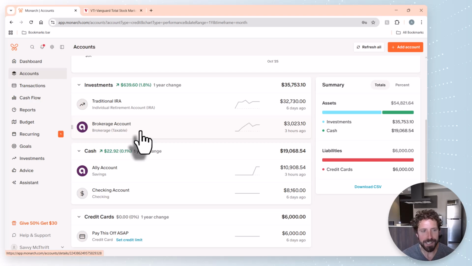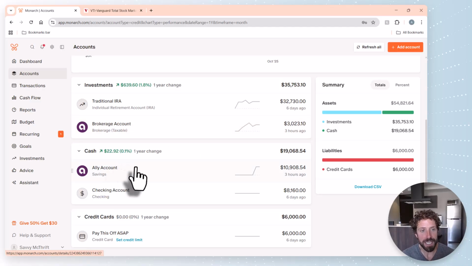So he invested in some stocks right here, just kind of seeing what they do. In the scheme of things, not a huge amount of money. Generally, I recommend that you put money in more of a VTI index type fund. But it's okay to play around and have a brokerage account with some stocks as well.